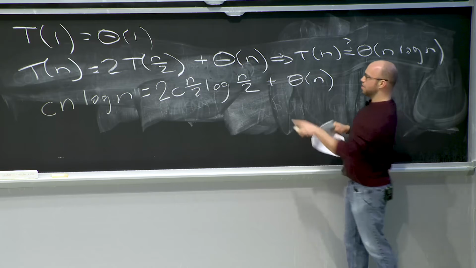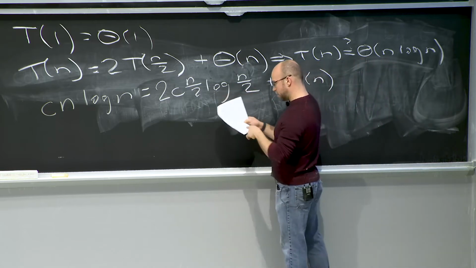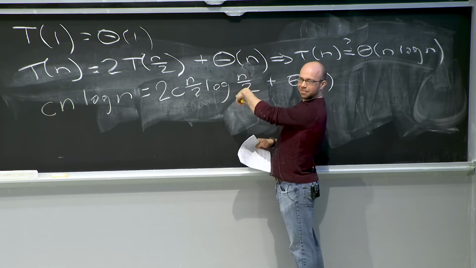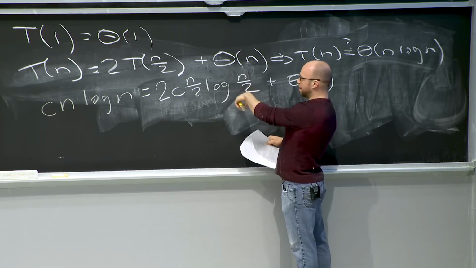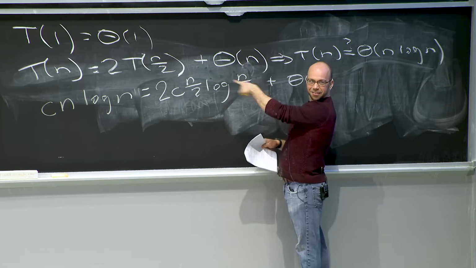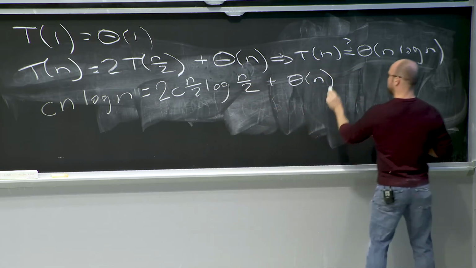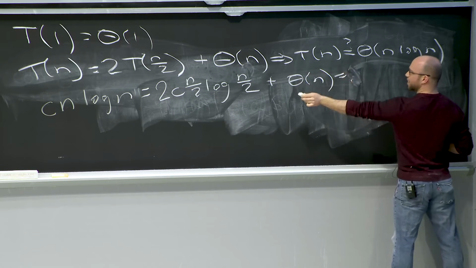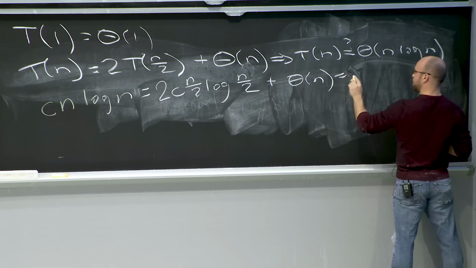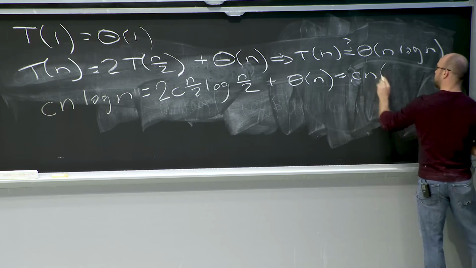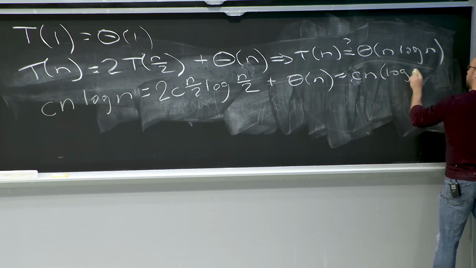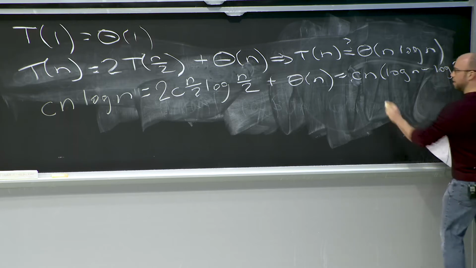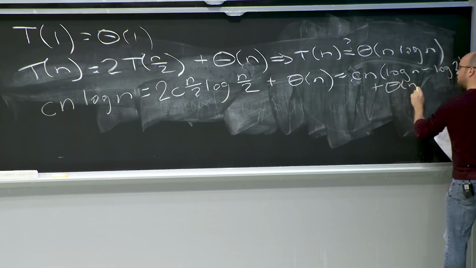Okay? So remember, if we use our favorite identities from high school class that you probably forgot, remember that log of 2 things divided by each other is the difference of the logs, right? So this is really 2, 2 divided by 2 is 1. So this is c times n times log n minus log of 2, plus theta of n.